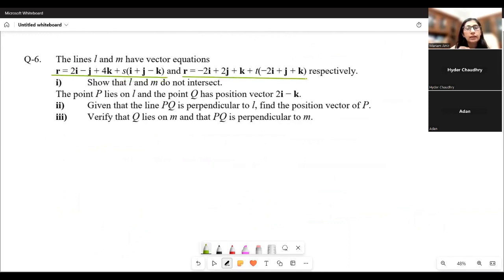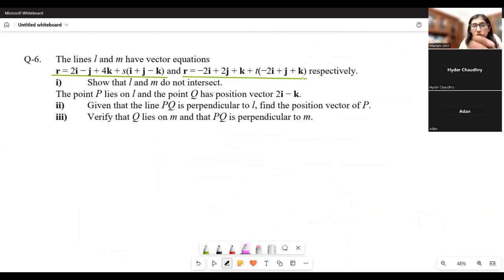Show that L and M do not intersect. So exactly the same process that we did above, but in the end we'll see that the third coordinate is not the same. Okay, so we're going to show that they do not intersect.